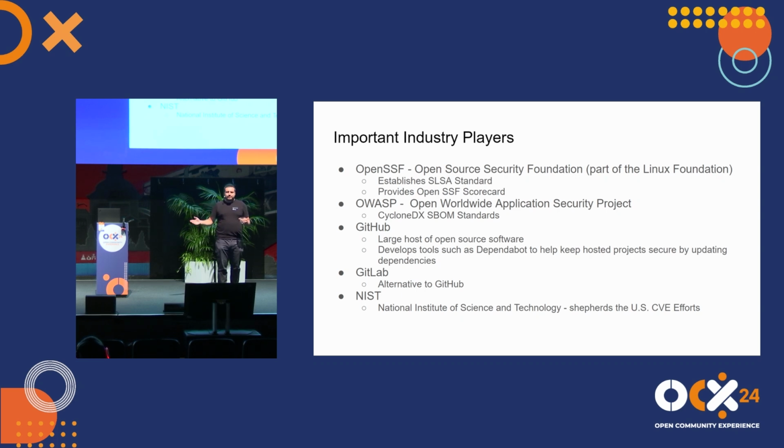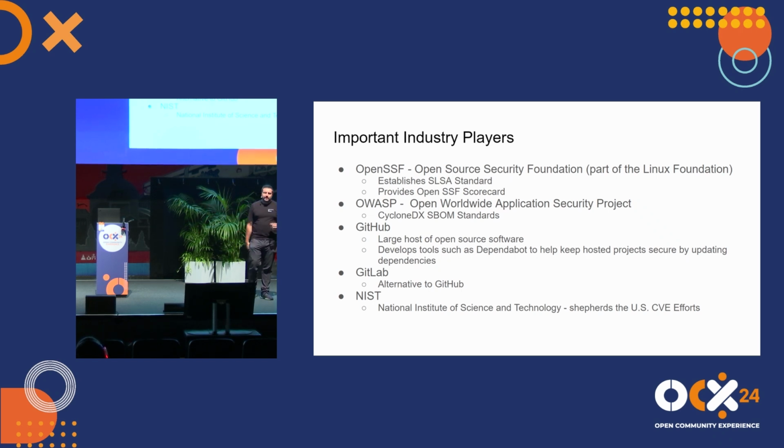Dependency-Track, which is a fully open source tool, also has a cache of the NVD in it. So OWASP is one of the organizations helping us understand what's in our software and what makes it vulnerable. Of course, a lot of open source projects, Adoptium included, live on GitHub.